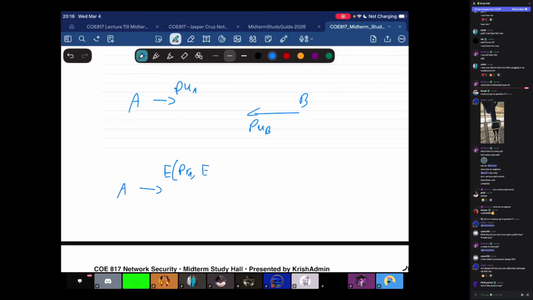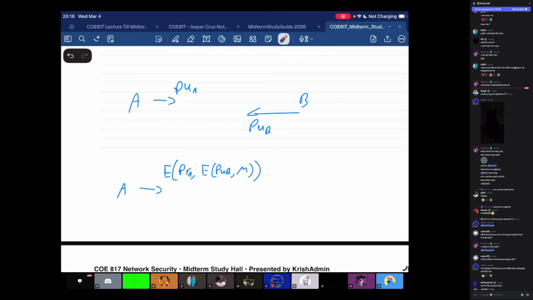And then it can also send another transmission of the encryption with B's public key, and then the message digest or whatever data needs to be sent. This can be how it would make sense. I don't know if someone wants to verify. I think this makes sense, as when B gets this message, it has A's public key already, so it can decrypt the first message. Therefore, this layer would go away. And since it's using B's public key, B would then use its private key to decrypt this to finally get access to the message block.